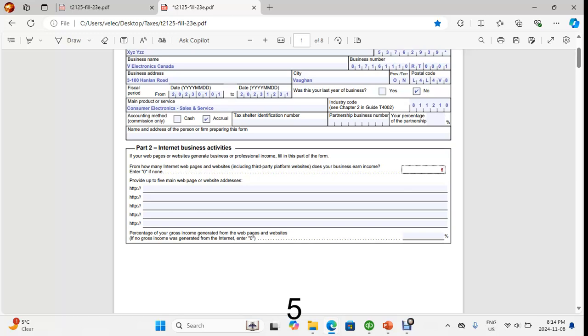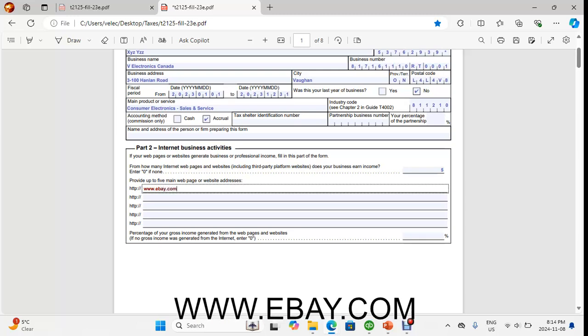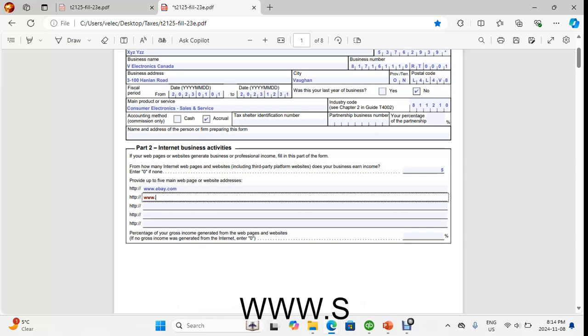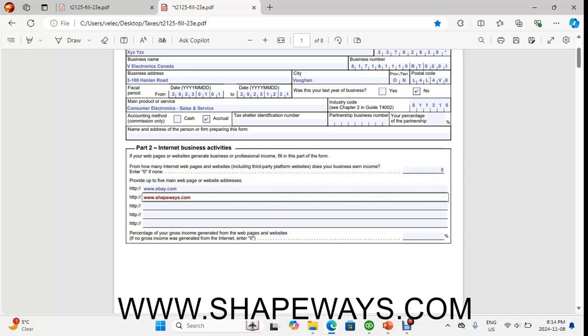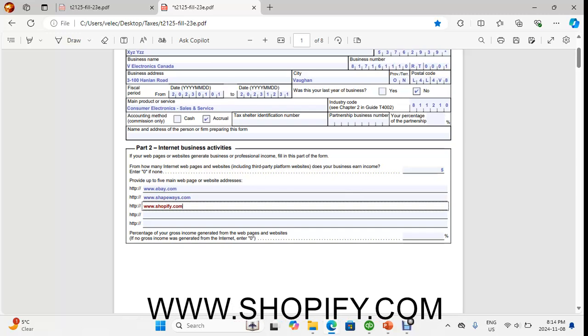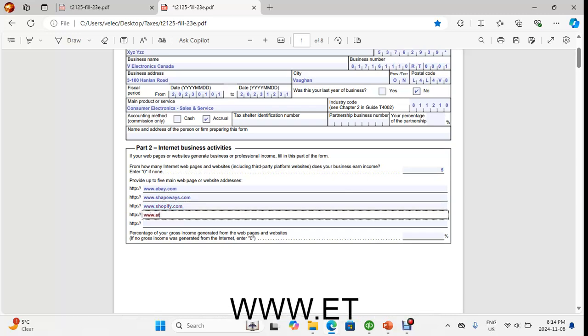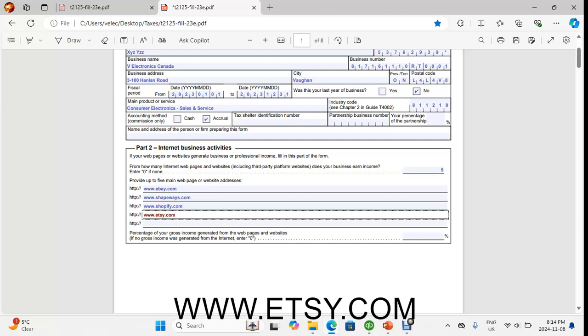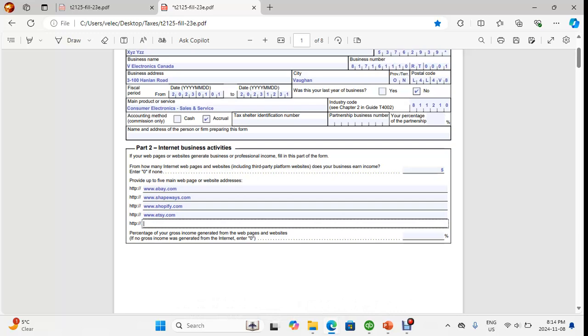In this case, let's say we have 5 websites that we use to earn our online income. Let's say this one is ebay.com, shapeways.com, shopify.com, etsy.com. And if you have a blog or a website where you make money via ads, you can list that blog or website as well.